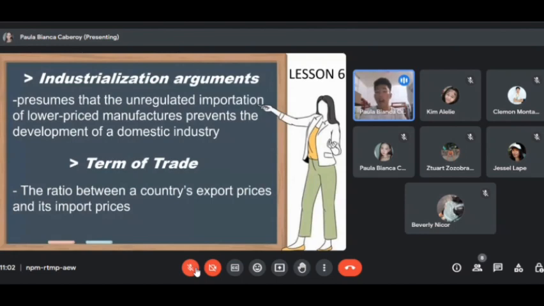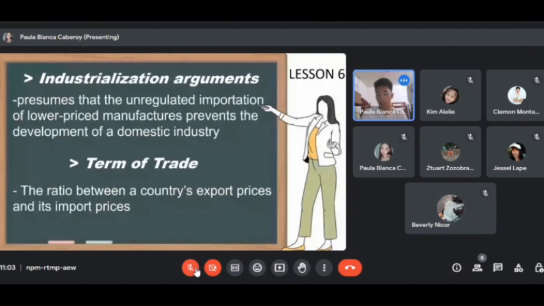So another meaning of terms of trade, it refers to the exchange ratio between a country's export prices and its import prices. It's basically the quantity of imports it can buy from selling one unit of a particular export.